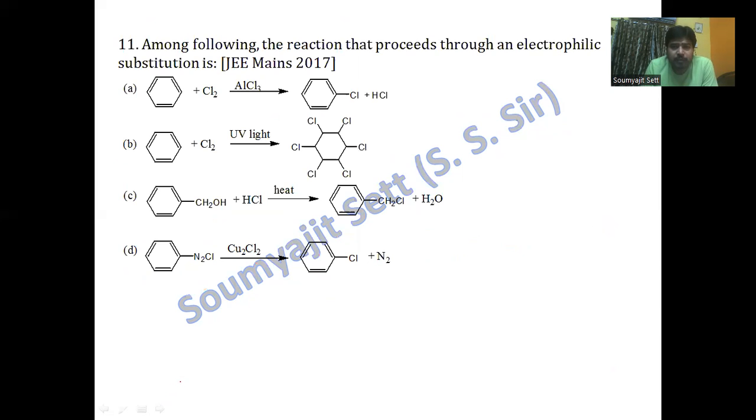Which reaction proceeds through an electrophilic substitution? Very simple. The first one. The answer will be the first one. Why? Let's see.